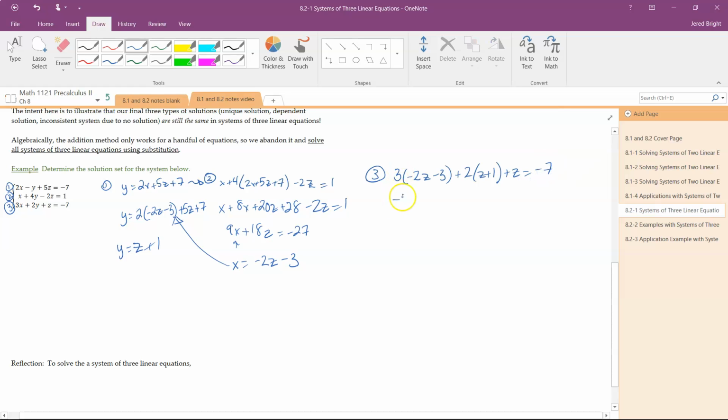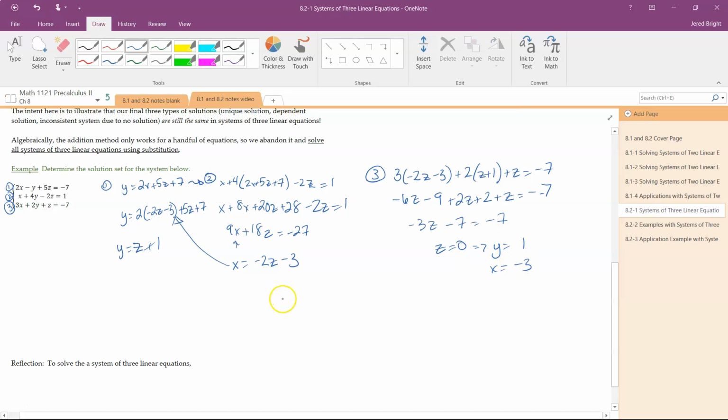Okay, simplifying, minus 6z minus 9 plus 2z plus 2 plus z is equal to minus 7. And so here I get, let's see, minus 3z minus 7 is equal to minus 7. Z is equal to 0. So then that means that y is equal to 1, and that x is equal to minus 3.